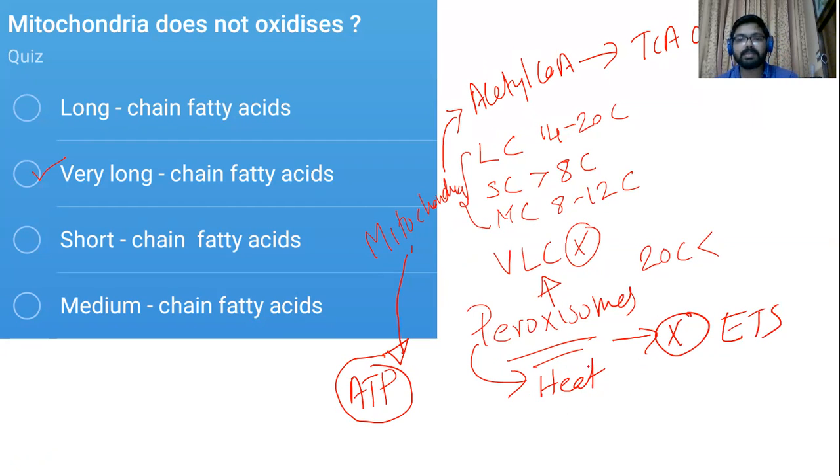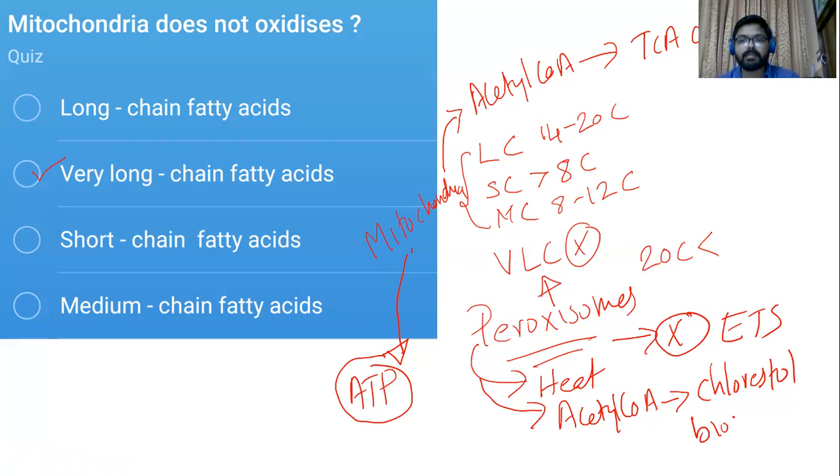So the energy is released as heat, and the acetyl CoA released during peroxisomal oxidation enters processes like cholesterol biosynthesis.